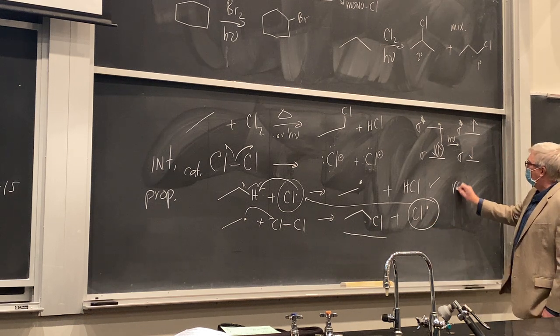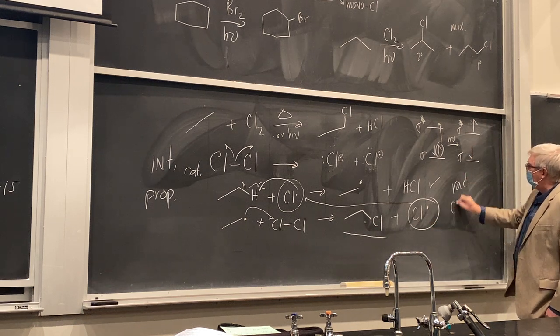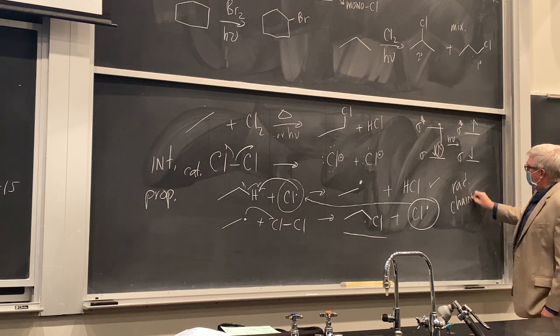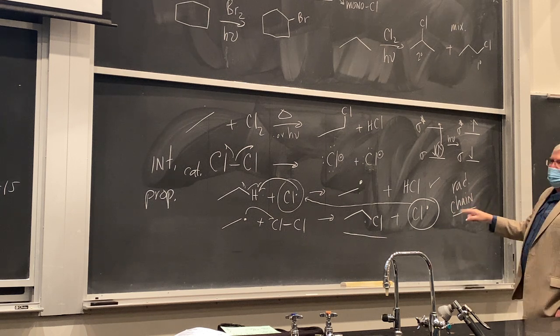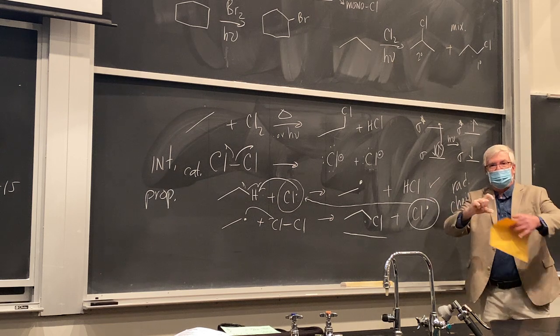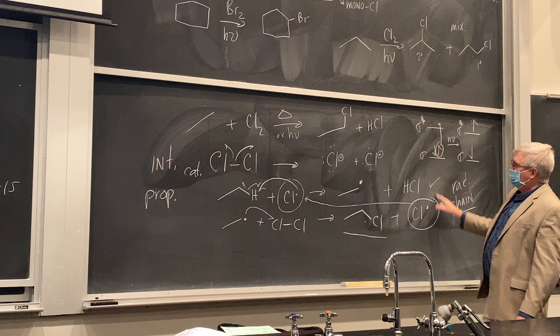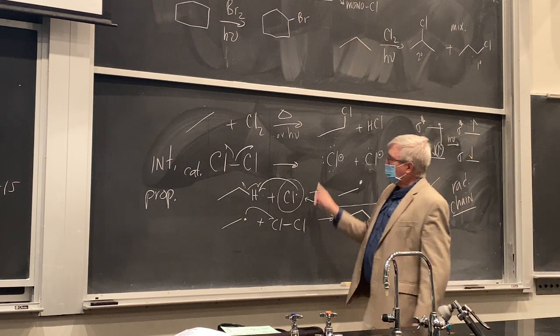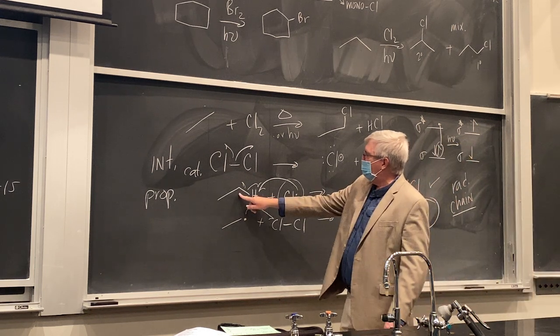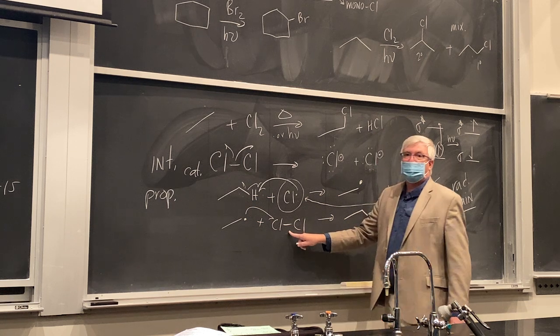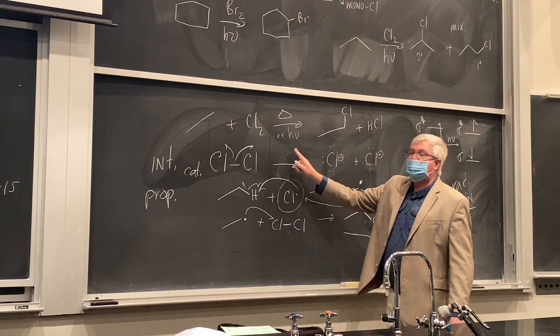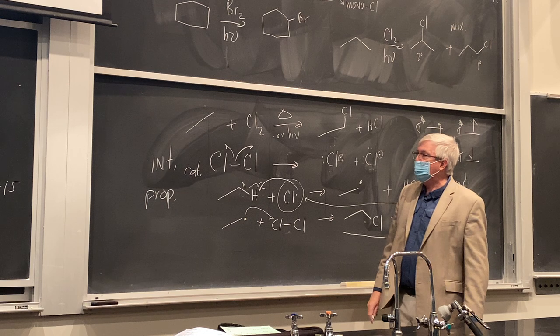We call this a radical chain mechanism. And by chain, we mean what? The propagation steps are linked together, just like links in a chain. They kind of pull each other along. And these will just go back and forth until you consume all the starting material and use up all the molecular chlorine. Notice we don't need to initiate anymore. That's the key thing.